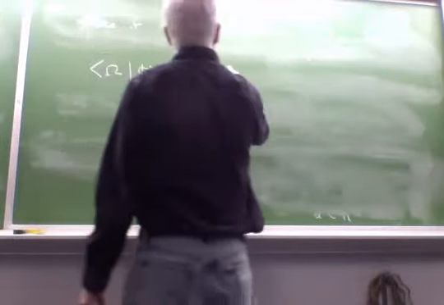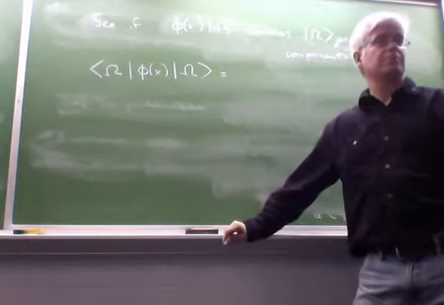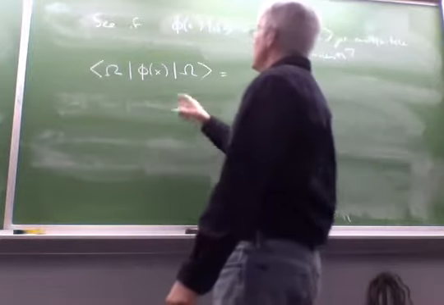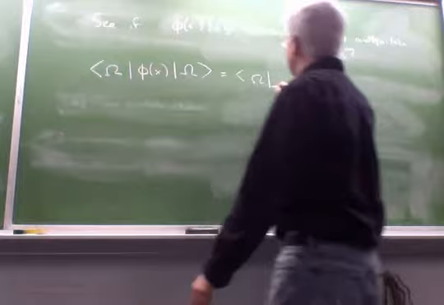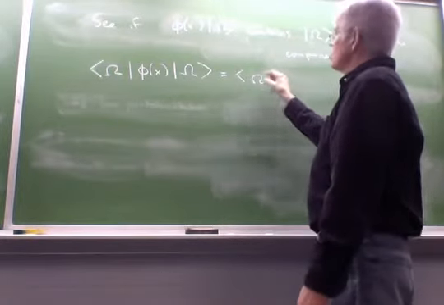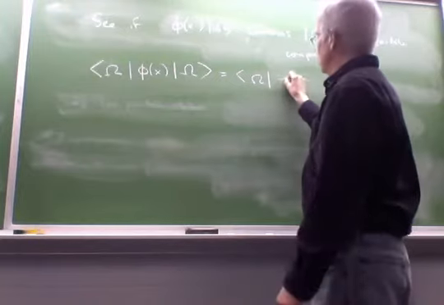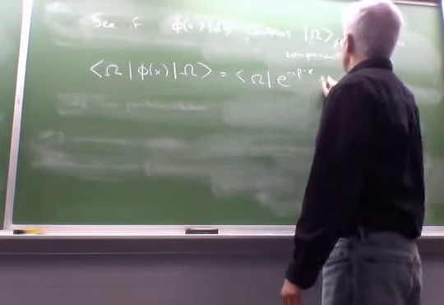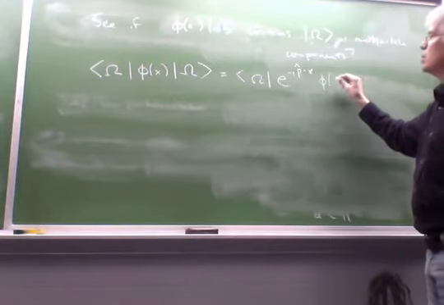So first of all, let me show you that this is independent of x. This we can relate to phi at position x equals 0 using translation operators. I'll put a hat over the p to remind you that it's an operator.